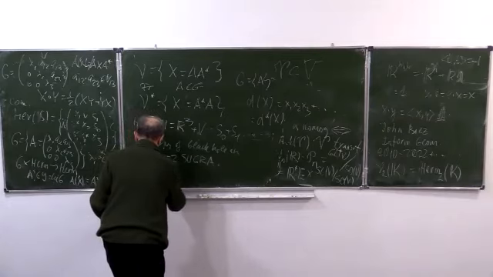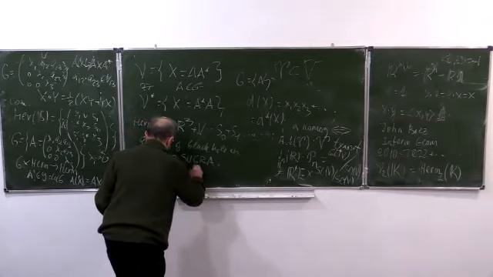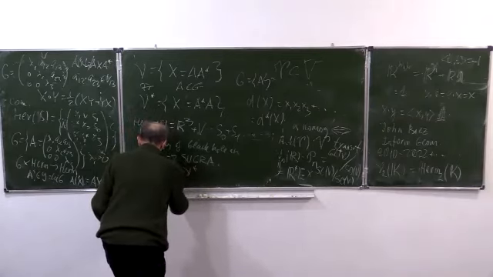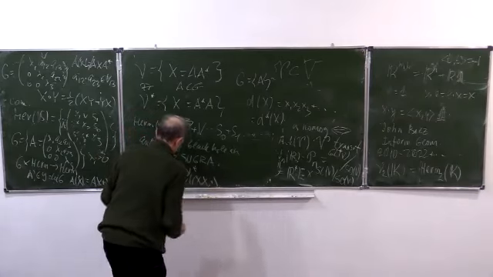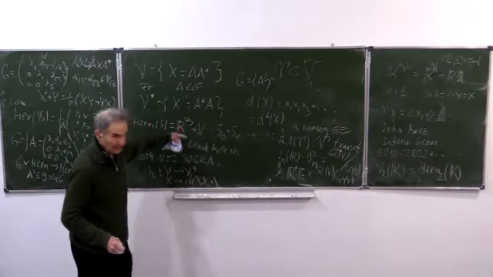This map goes from V to V star, given by X goes to D of X, X, dot. So we consider the polarization of our cubic polynomial.